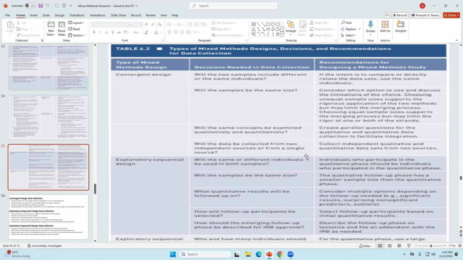Take different sources where possible. Don't take the same sources, take different sources, okay? So that is convergence. What are the four important things in convergence? Sample, size equal if possible, concept same.